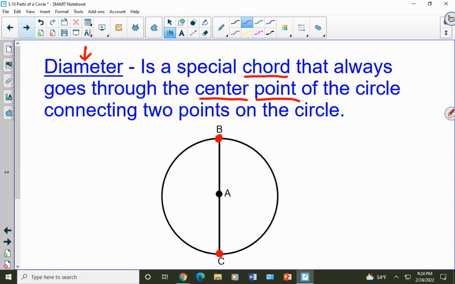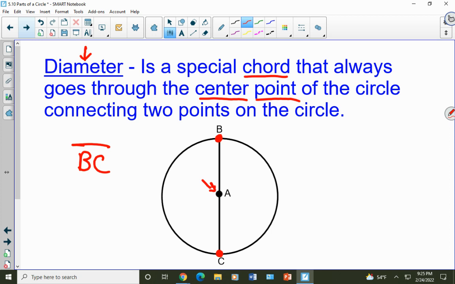A is the center point here. Center point A. So, line segment BC is a diameter.